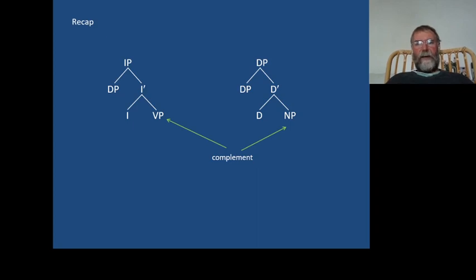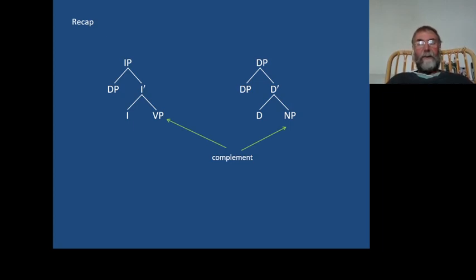This is because inflections and determiners are a particular type of head. They are what we call functional categories, and functional categories always have a very restricted complement. With an I, there's always a VP complement and never anything else.